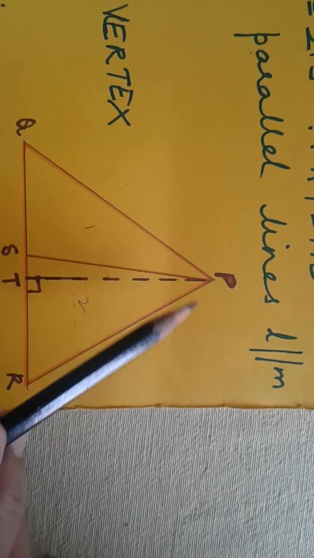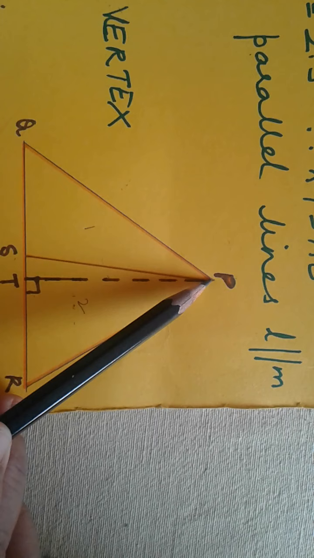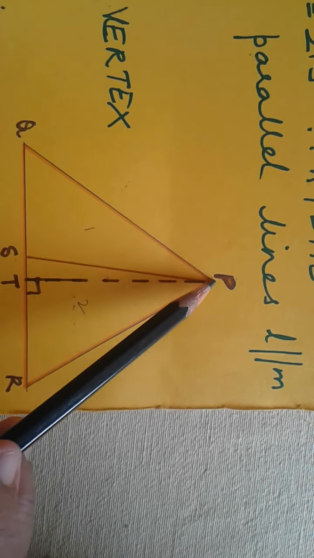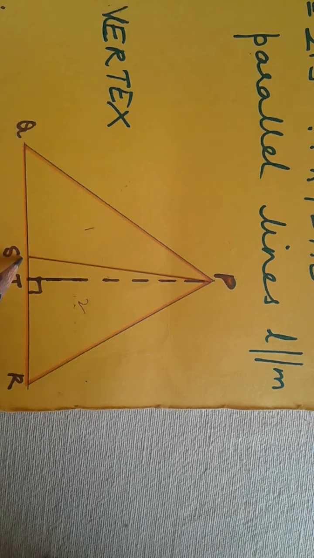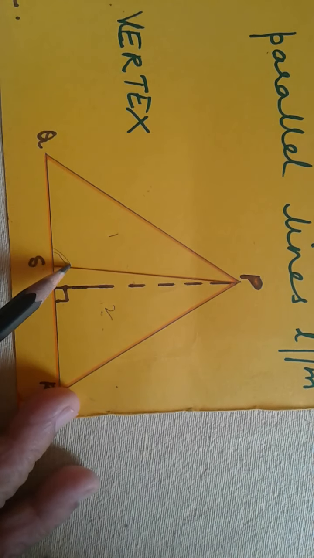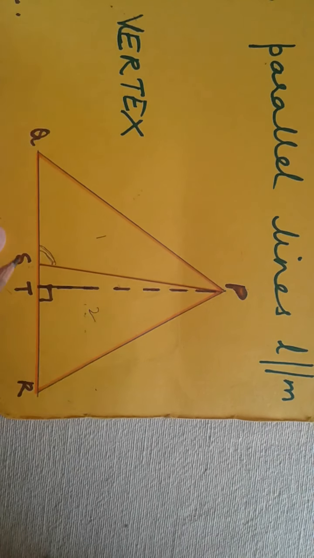Both the triangles have a common vertex P. If I drop a perpendicular from P to T, triangle PQS, which has an obtuse angle here, has height PT outside it. Obtuse angle triangles always have their height outside the triangle because angle PSQ is more than 90 degrees. So PT is the height of the triangle PQS.